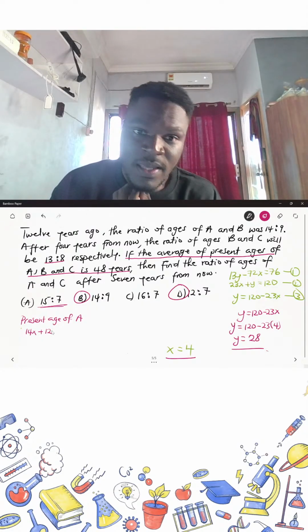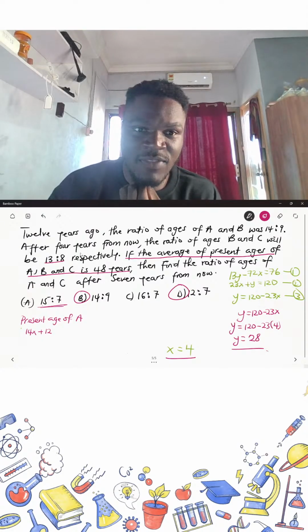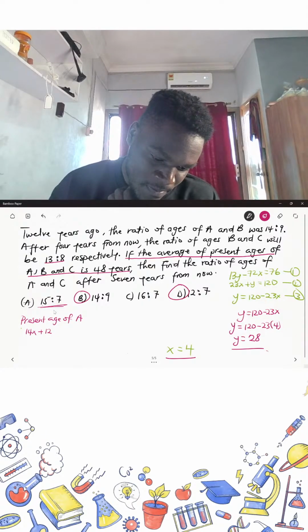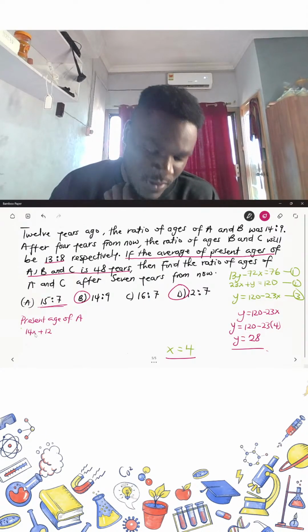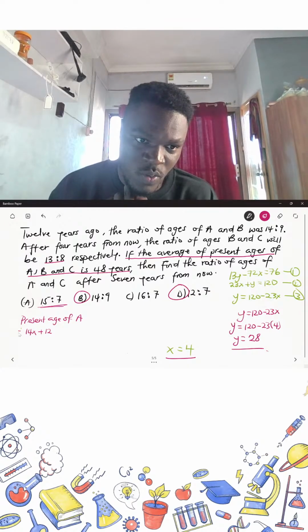Are you okay? And then the question was saying after 4 years. So we'll have 14x plus 12, which will be equal to 14 multiplied by 4. That's we are calculating the present age of A.